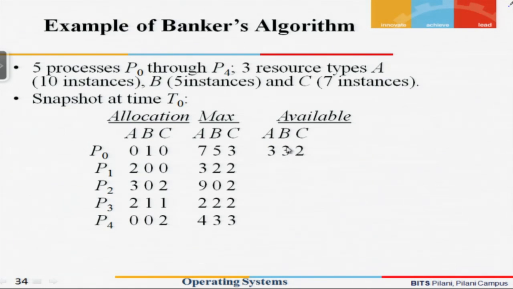So this is the current availability, a snapshot of the system at some instance of time t0.